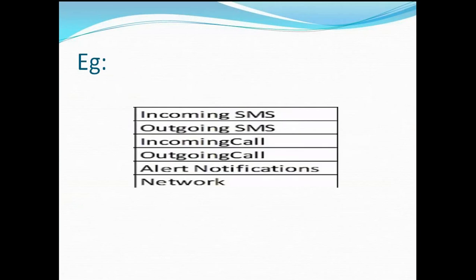Example: incoming SMS, outgoing SMS, incoming call, outgoing call, alert notifications, and network notifications. These are all related to the interrupt. So interrupt testing is the most important thing in any application.